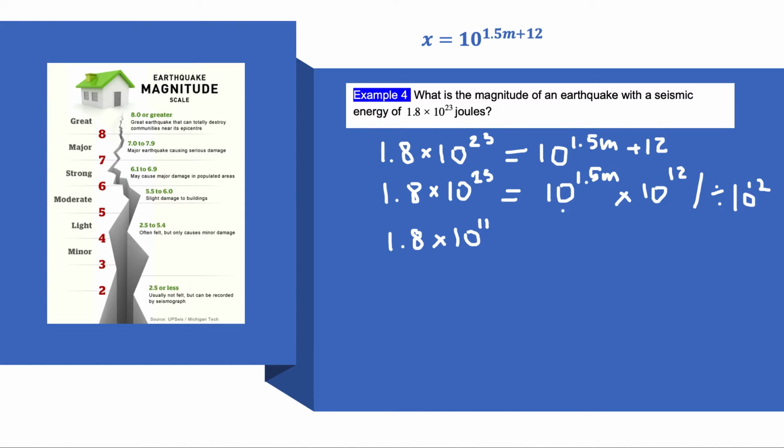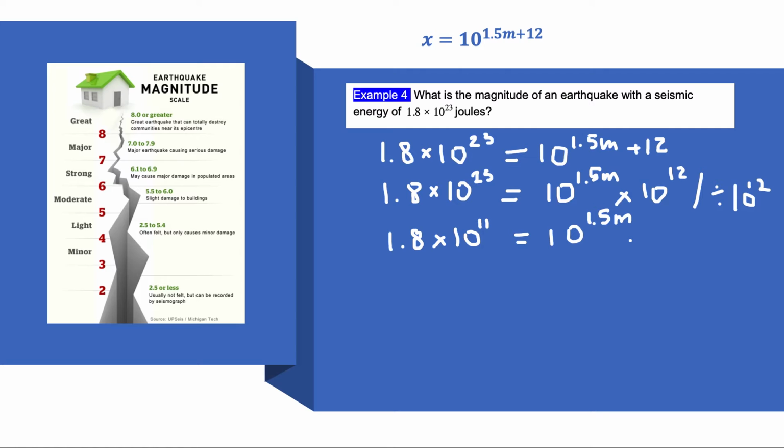And because this side is 10^12, if I divide everything by 10^12, it remains just 10 to the exponent 1.5 m. So now it is a little bit simpler than before.